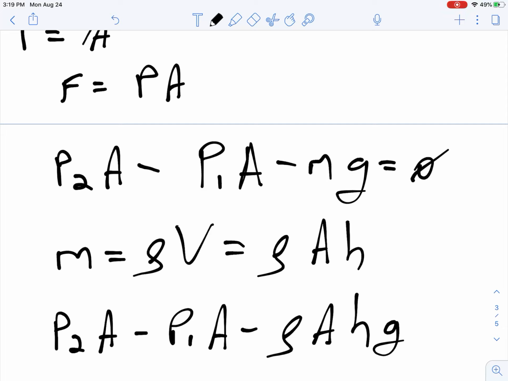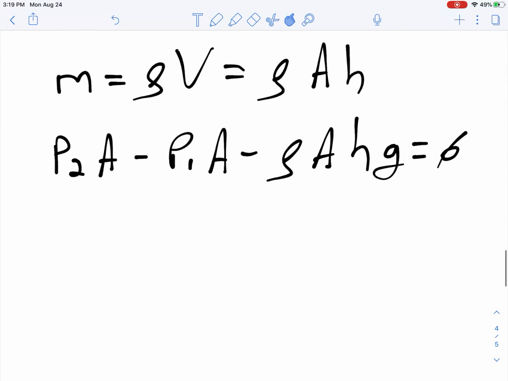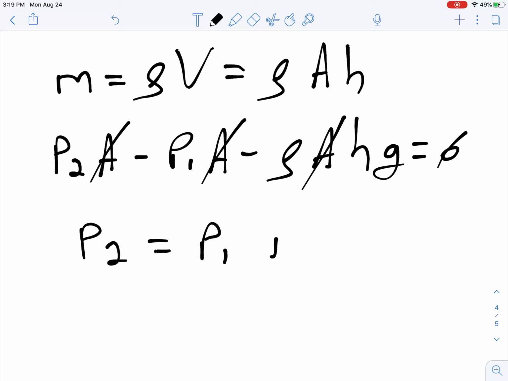So mass is rho A h, so mg would be rho A h times our g. Got it? Make sense? And that has to add up to 0. Well, what can we do with this? Well, let's see. Area is in every term, so we can get rid of that. We can say that P2 is going to be equal to P1 plus rho g h. I reversed g and h. It just doesn't look right having hg.